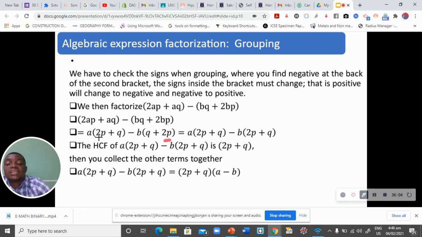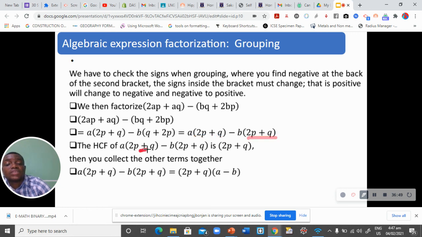So we now see that this one is exactly the same as this. So write one of it, which will be 2p plus q. 2p plus q will be the common one. Then the other one will be a minus b. Having factorized it, you arrange based on the alphabet: a(2p plus q) minus b(2p plus q). You see that 2p plus q is common to both sides.